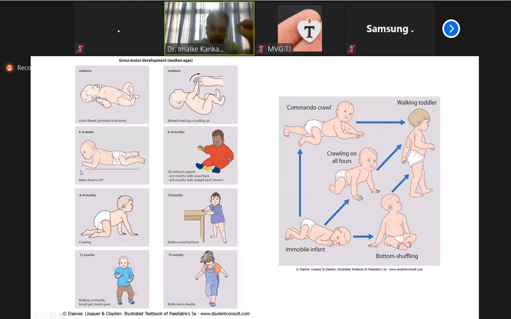In general, we tend to give you all patients above 6 months, below 12 months, right? That is the chronological age. But different milestones will have different developmental ages.